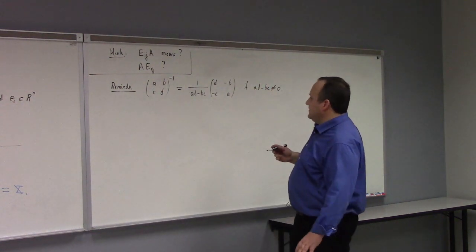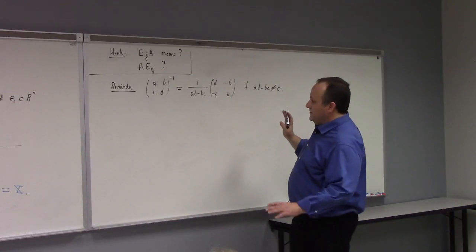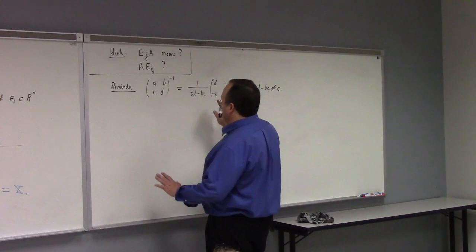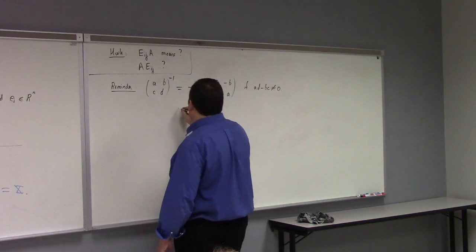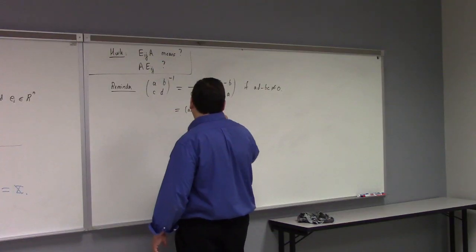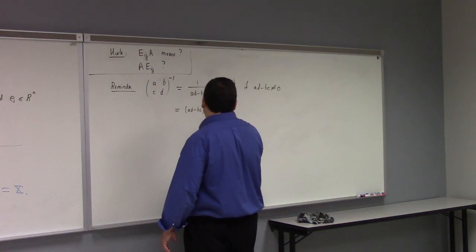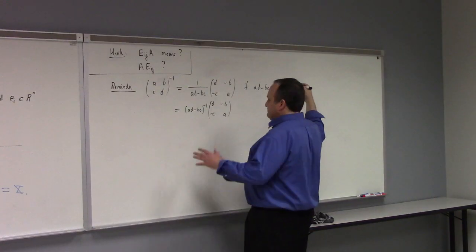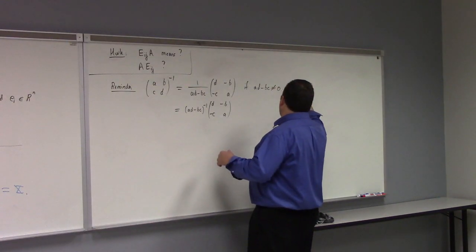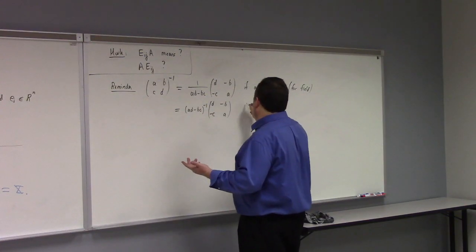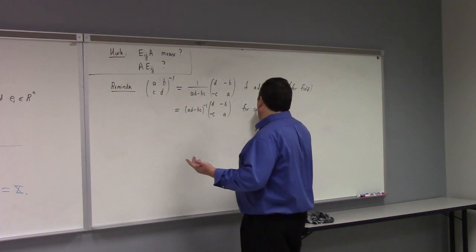That's actually not quite true in the context of a commutative ring with identity, so I really should rewrite this. Actually, this becomes (AD minus BC) inverse times D, minus B, minus C, A. So this is for a field, but this is for a commutative ring.